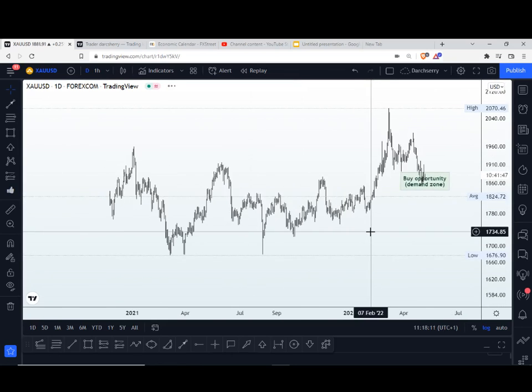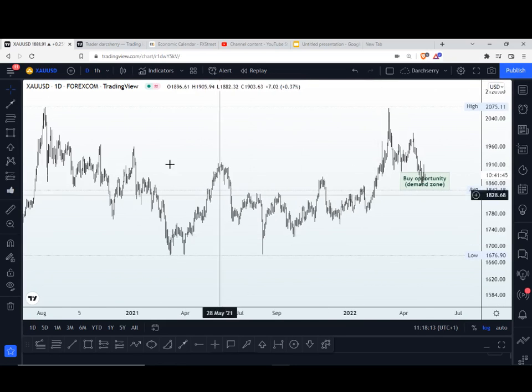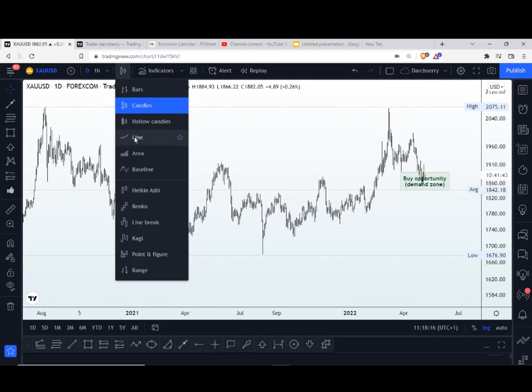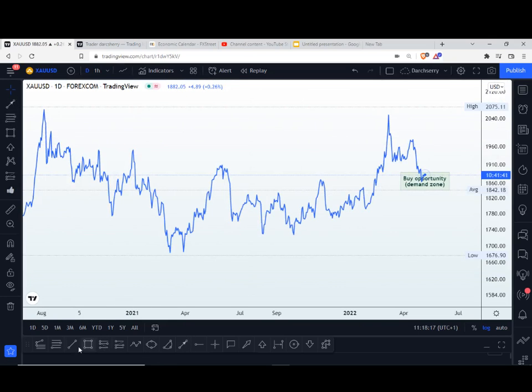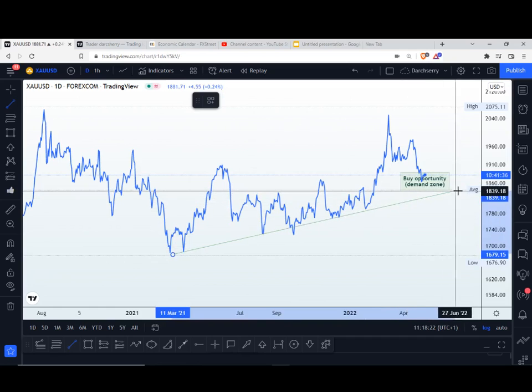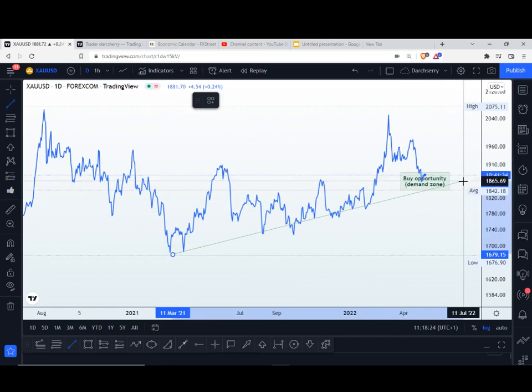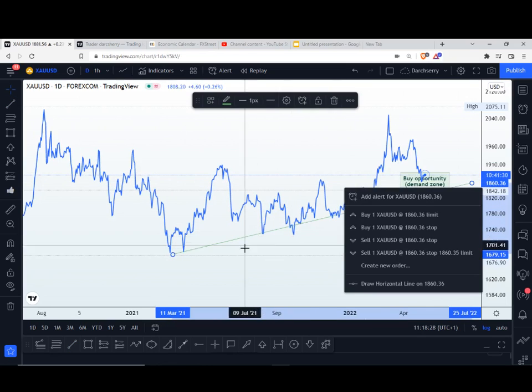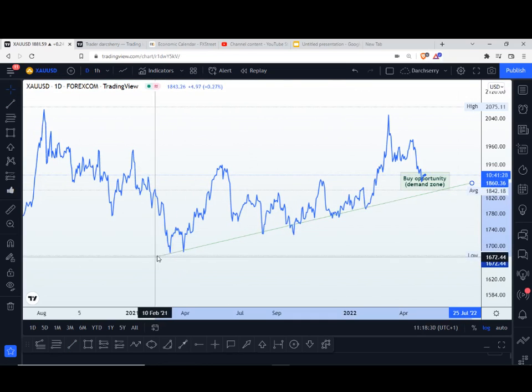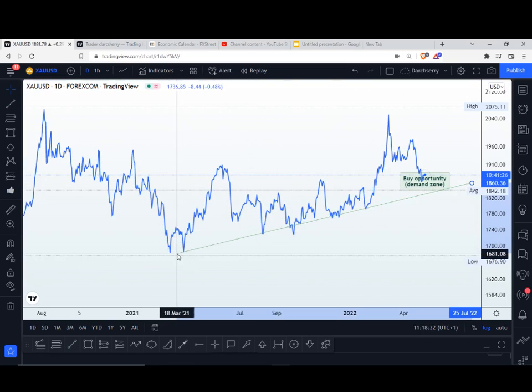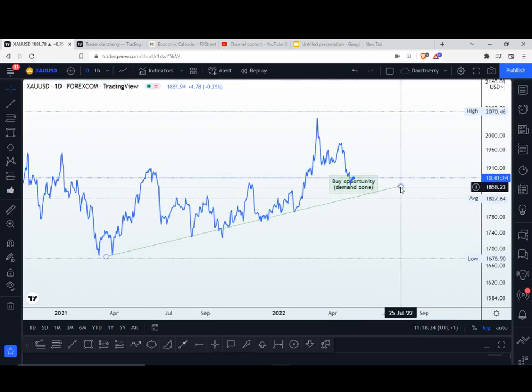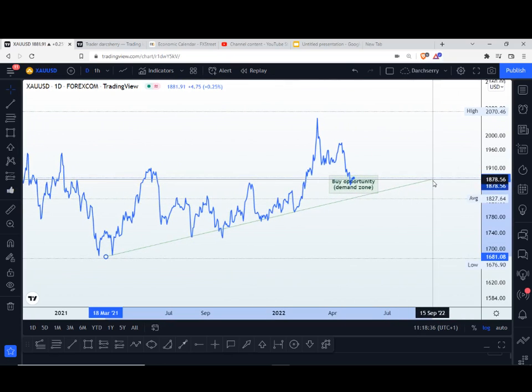Now if we zoom out and look left, we can see that there is a trend line that we can relate with at this point. So if we bring out our line chart and run our trend line, we will be having something like this.